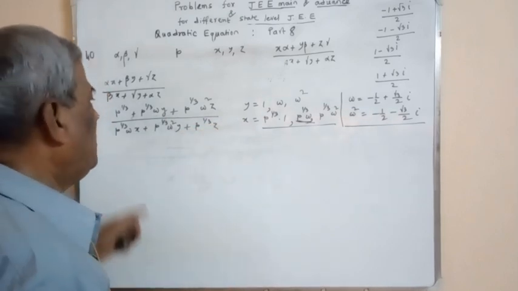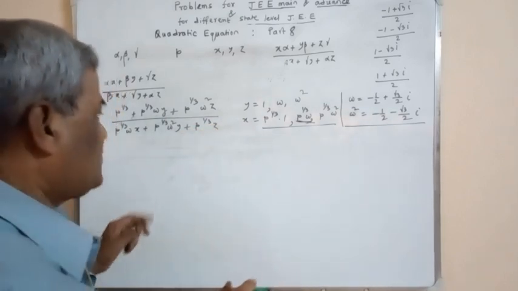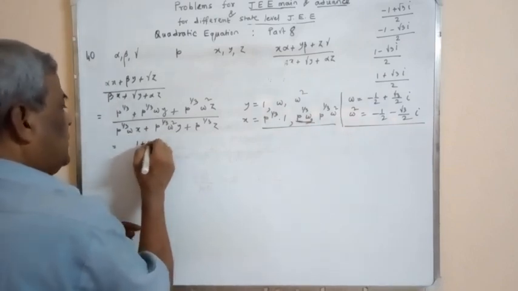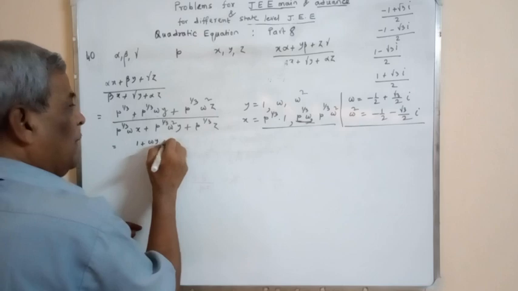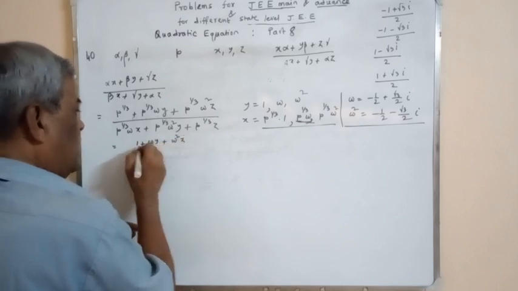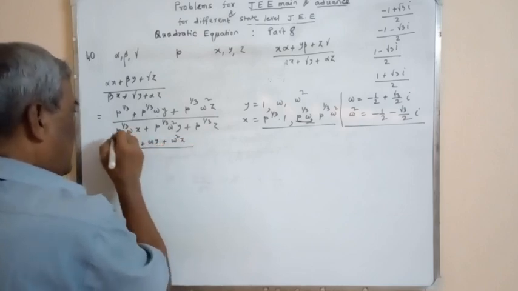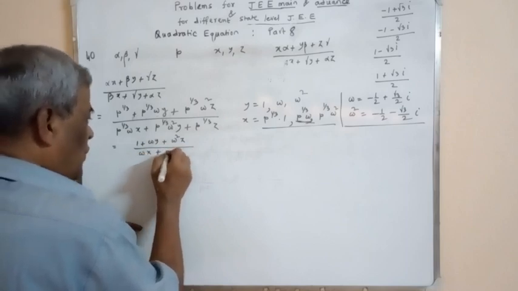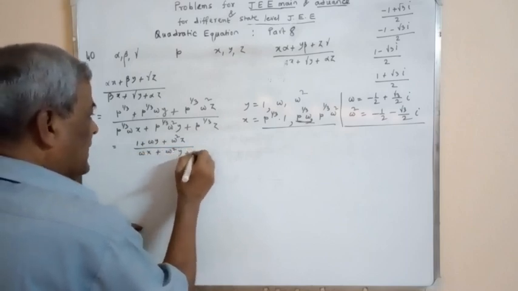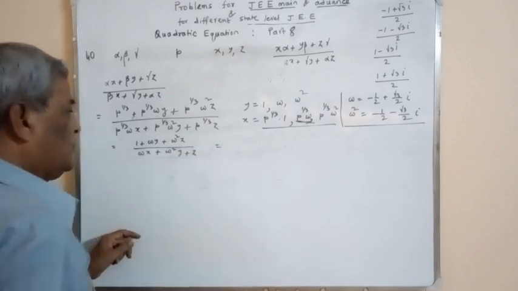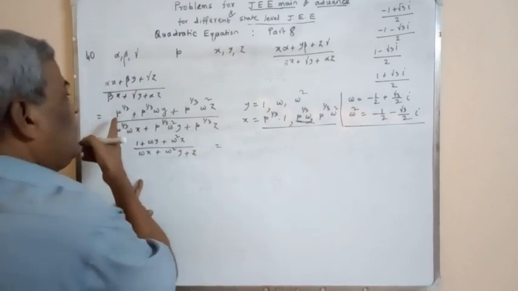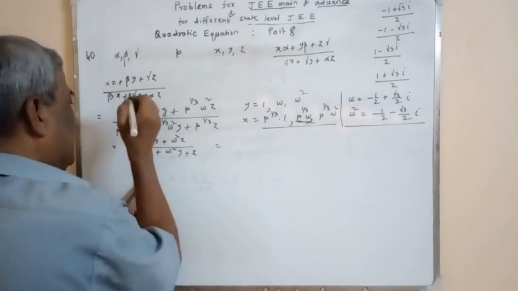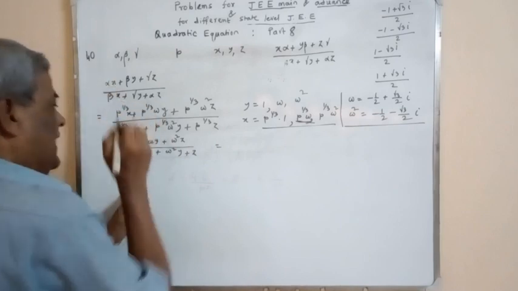Now clearly p to the power 1 by 3 cancels, so that 1 plus omega y plus omega square z by omega x plus omega square y plus z is equal to, oh sorry, this is one, x must be there, x.